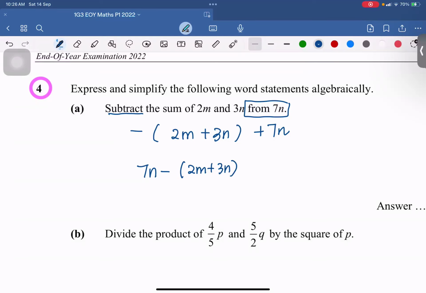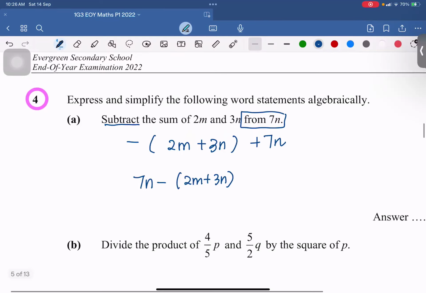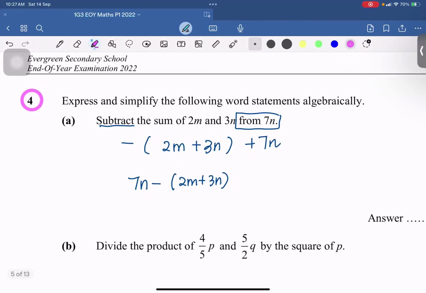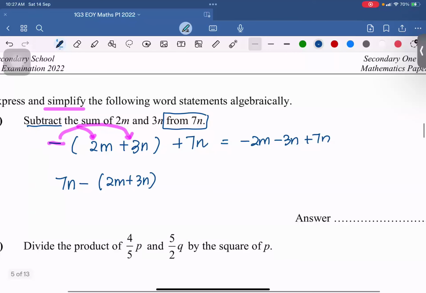Both are acceptable, but that is not the final answer because the question says express and simplify. So in this case, I need to expand out the negative sign to both the numbers. So I'll expand out my brackets. That will be negative 2n minus 3n, and I have a plus 7n. Both answers are going to be the same answer.